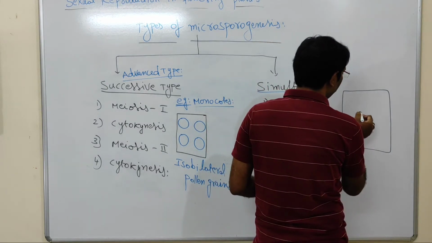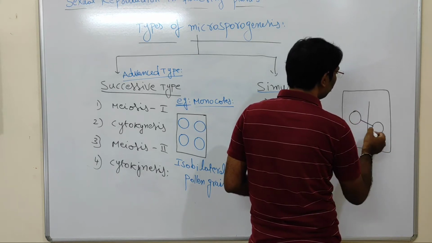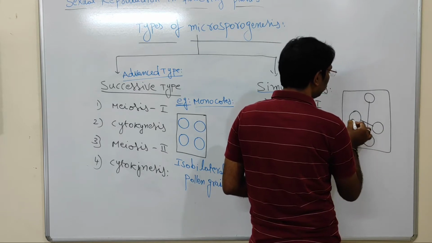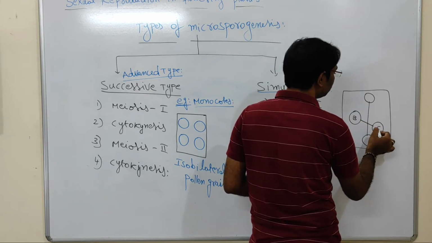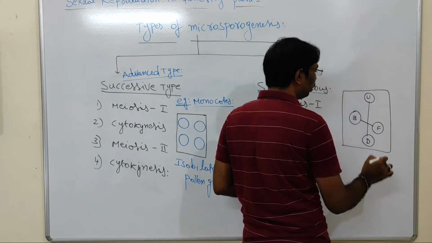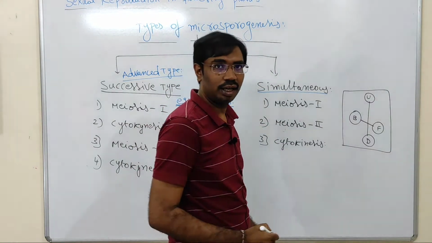One pollen grain at the back side, one at the front side, one at the upside and one at the downside. This kind of arrangement of pollen grains is called tetrahedral arrangement.